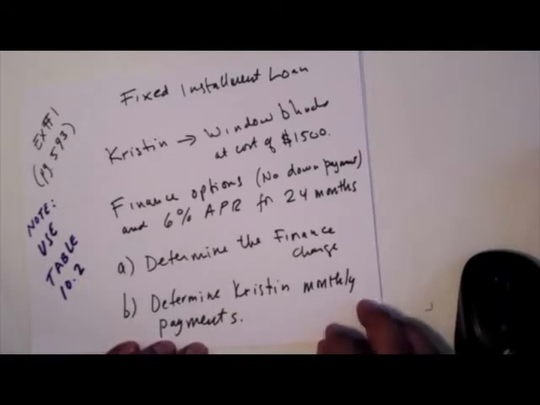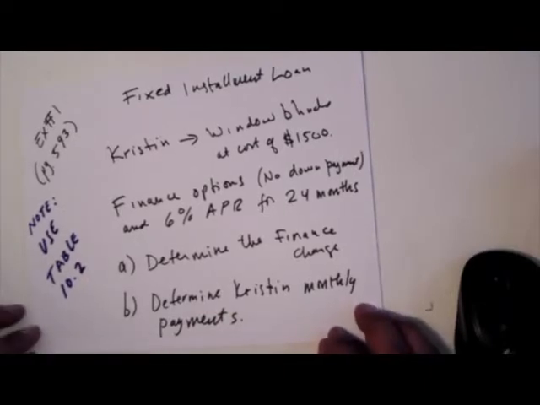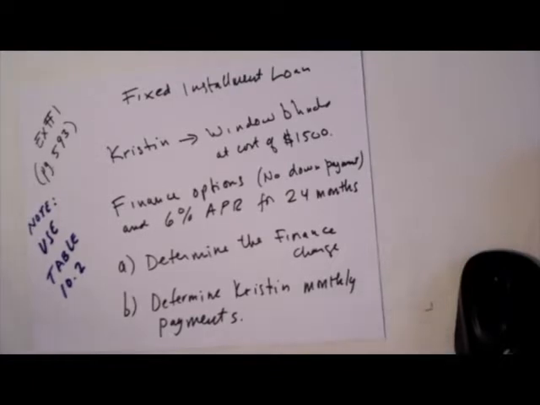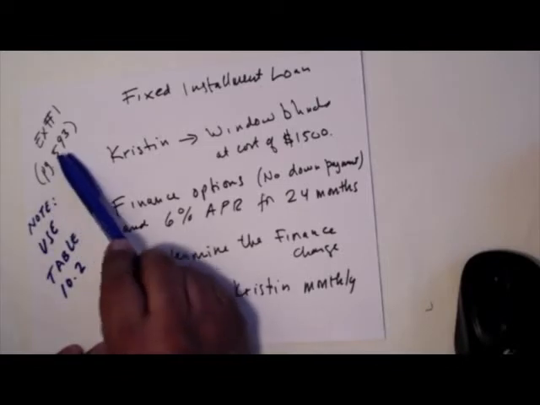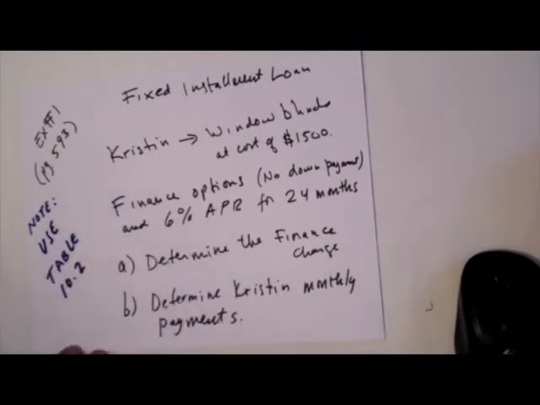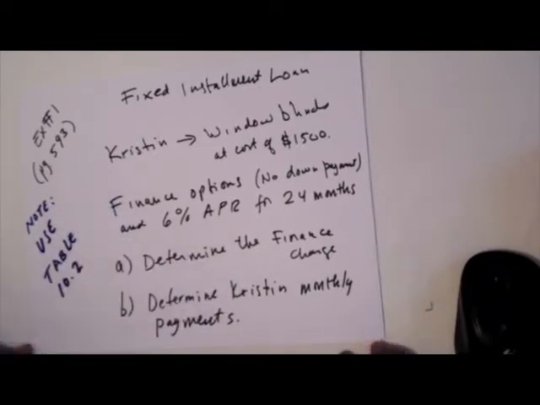We're going to do example number 1, fixed installment loan. You can find it on page 593. And please note that we need to use table 10.2 that is at the bottom of page 593. You have to become familiar with this table in order to solve this problem.